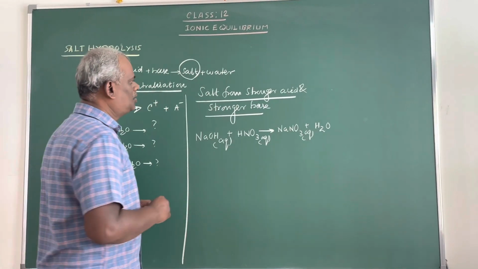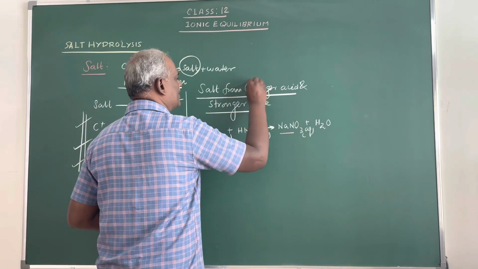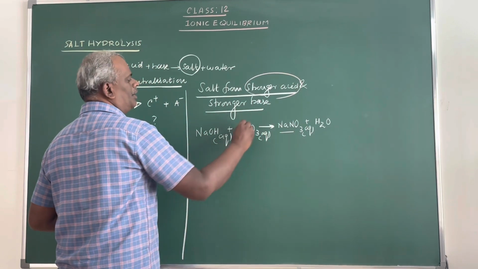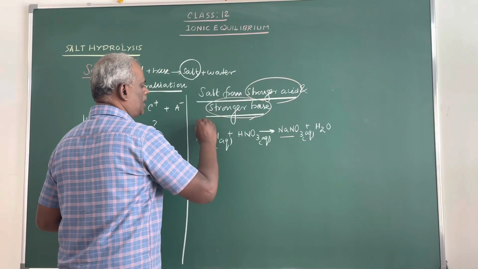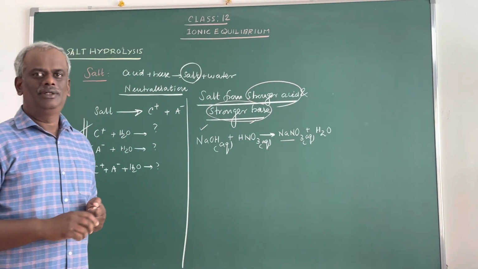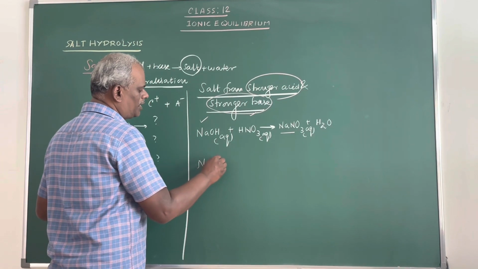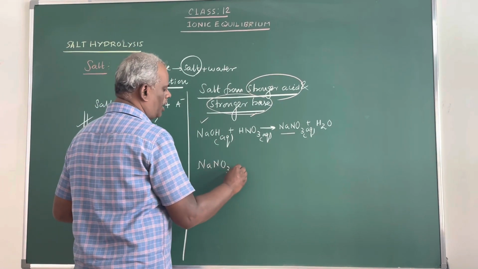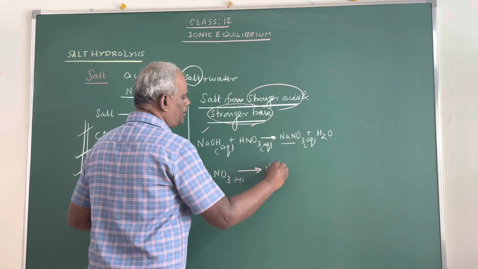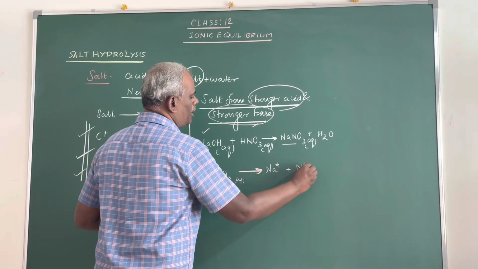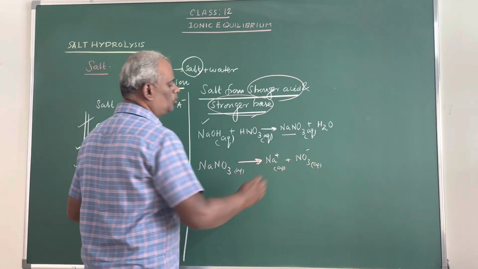So this salt is obtained from the stronger acid called nitric acid, and the stronger base, sodium hydroxide. The salt obtained here is dissociated as follows: NaNO3 aqueous dissociates into Na+ ion and NO3- ion in the aqueous solution. So, two ions are formed.